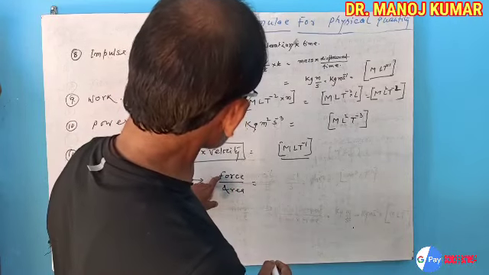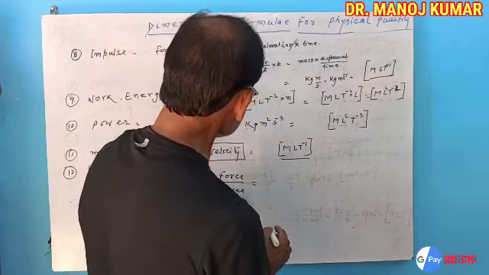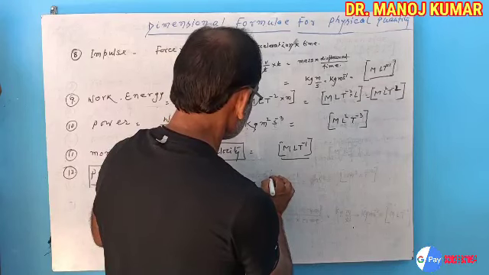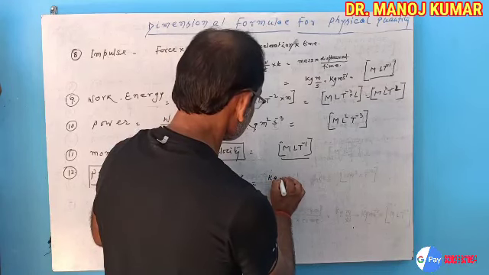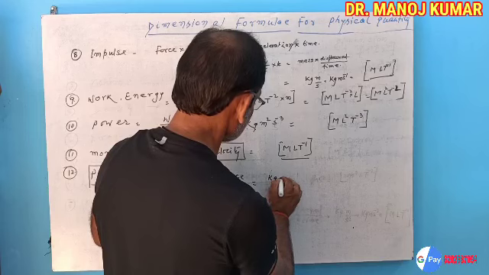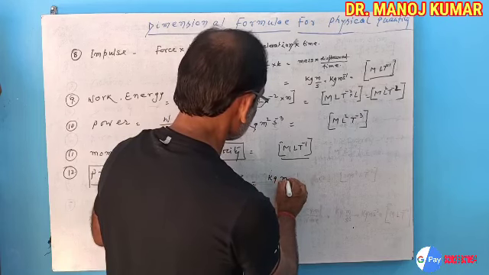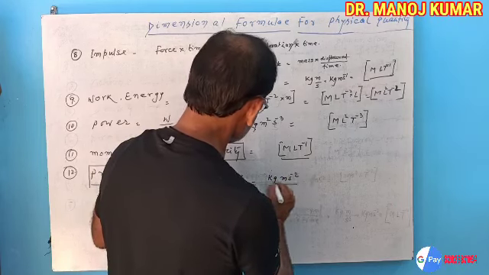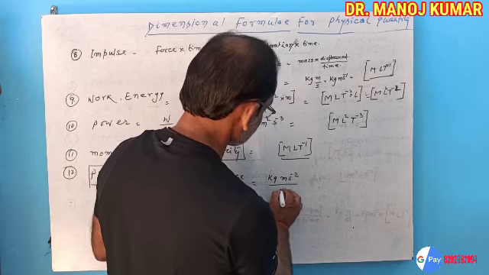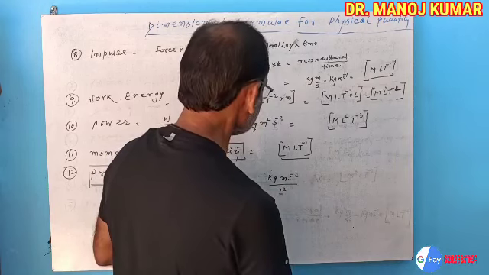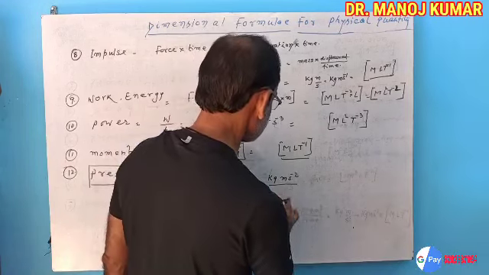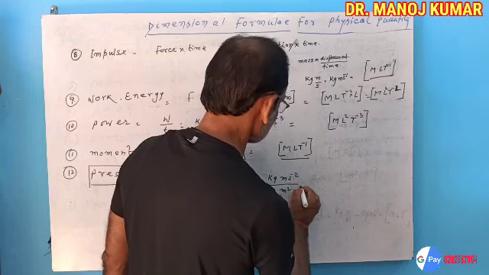Dimension of force and this, that is, according to the SI unit, kg meter s minus 2 upon area, which is L square, meter square.